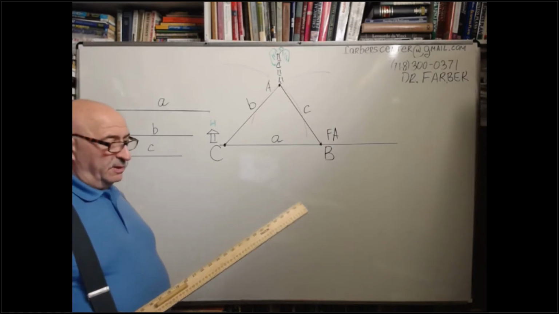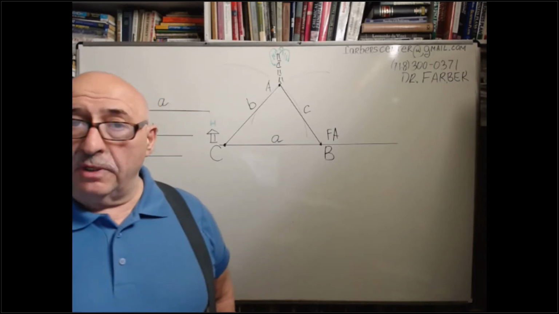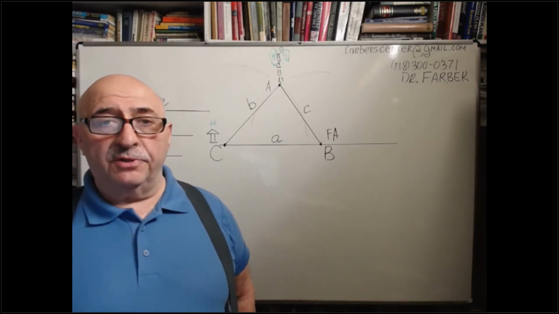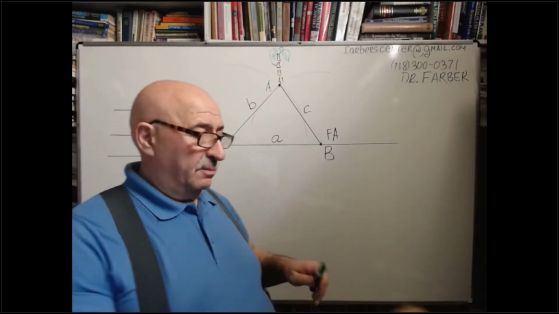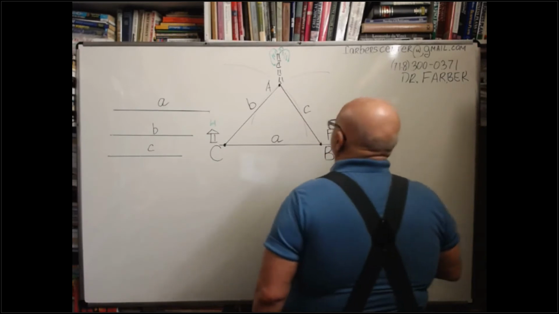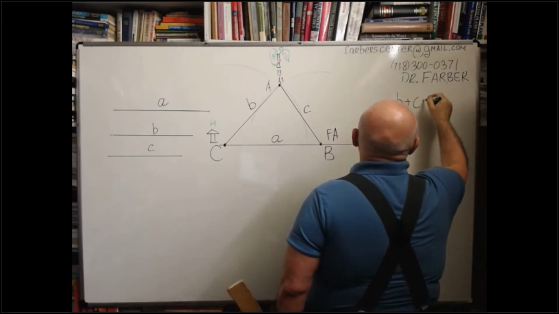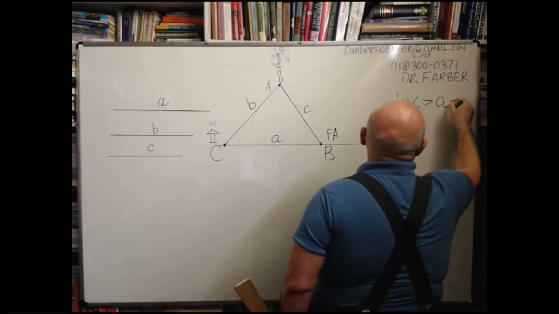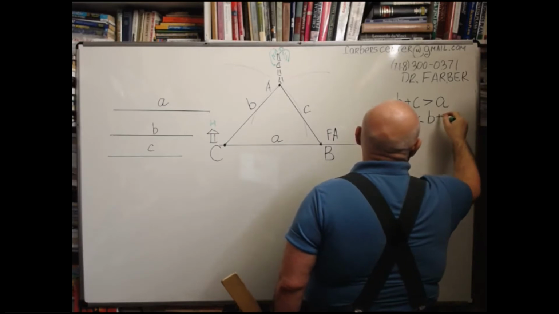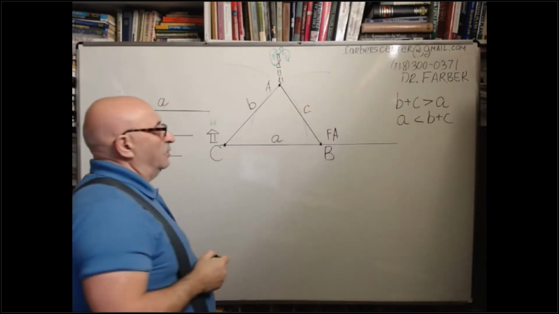So otherwise, the total of any two sides of any triangle must be greater than the third side. You can write from here that either B plus C is greater than A, or A is less than B plus C. Then the triangle exists.